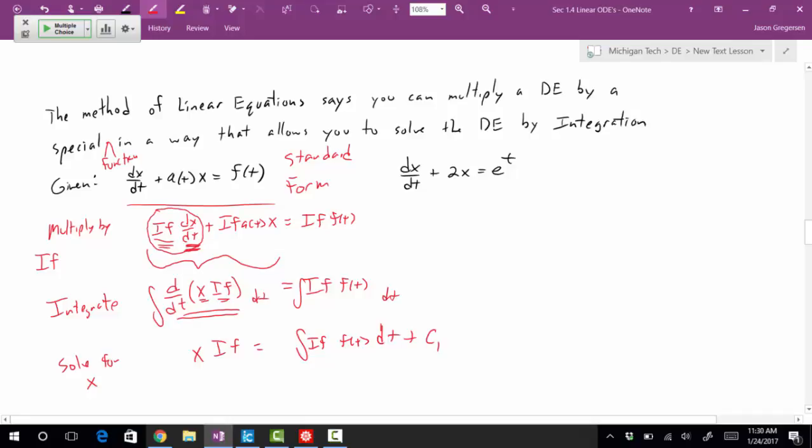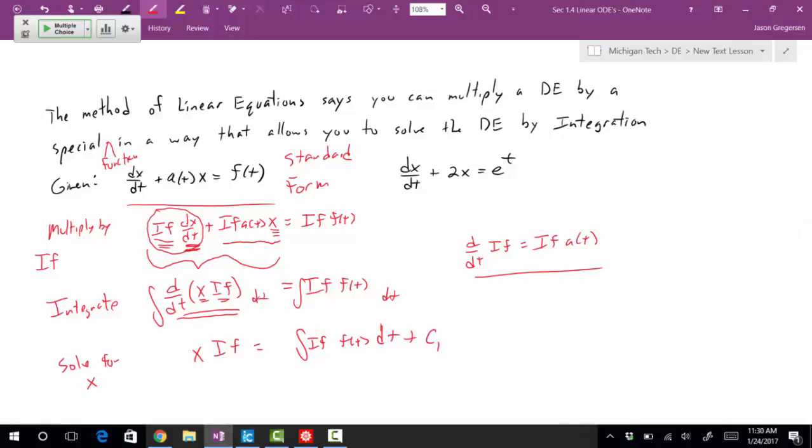Okay? All right, well, that means that this piece should be the first thing times the derivative of the second. Well, I see the first thing, there's my x, and so it looks like the derivative of the integrating factor is supposed to end up being the integrating factor times a of t. As long as that works out, then I'll always be able to do the simplification. Oh, okay, so now I need to figure out what the integrating factor is.